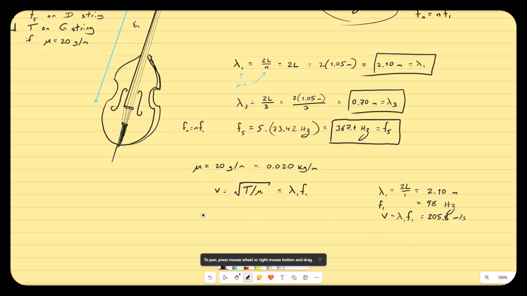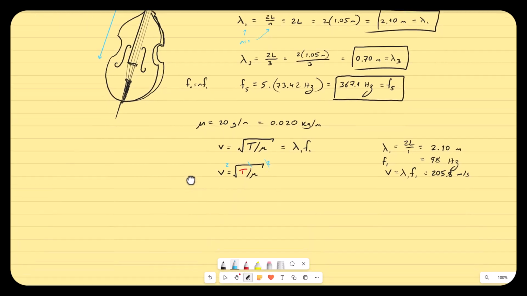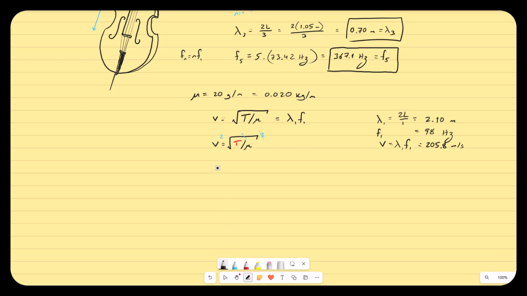Plugging in, if V is equal to the square root of tension over mu, I'm looking for just tension. So let me solve this. I'm going to square both sides. That part goes away. And I get that V squared equals tension over mu.